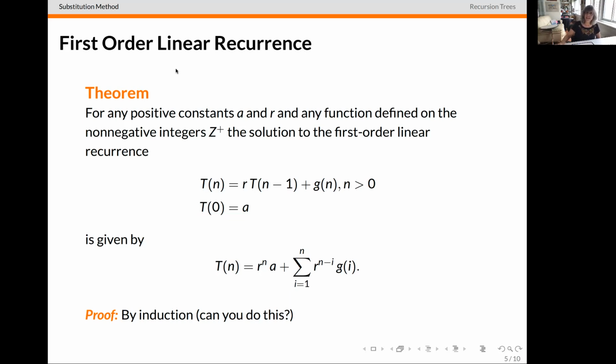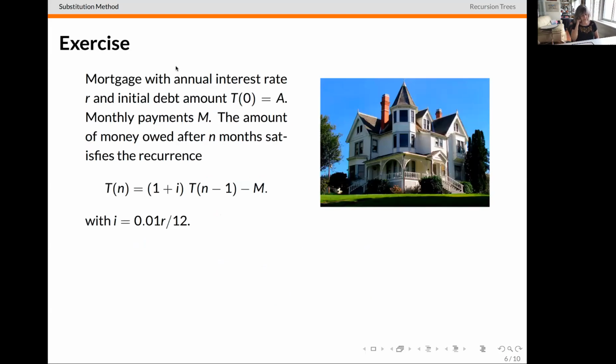So as an exercise for you, remember that in the second of my videos, I gave you an exercise where I was asking you to write the recurrence for the case of mortgage payments. And so I'm coming back to that example.